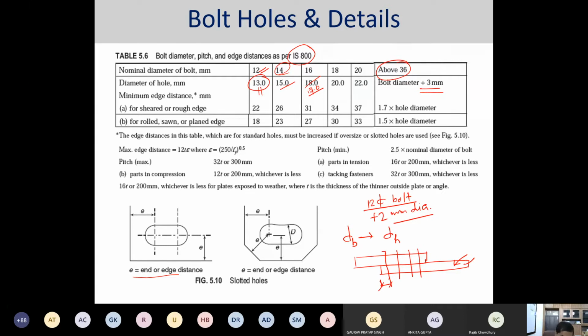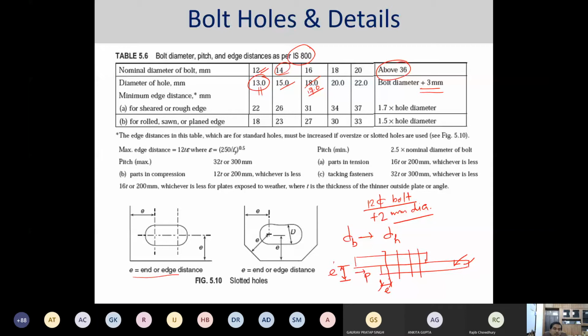What is the end distance? It is the same thing, but applied in the perpendicular direction to the application of the load. So this is also an edge distance, or you can say an end distance, and this is also an edge or end distance. Edge distance and end distance are two-way.